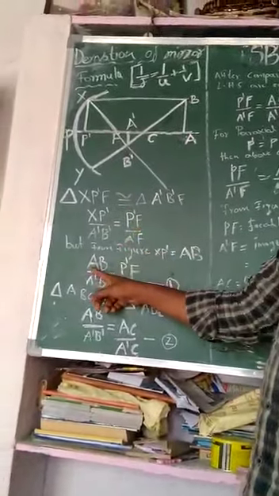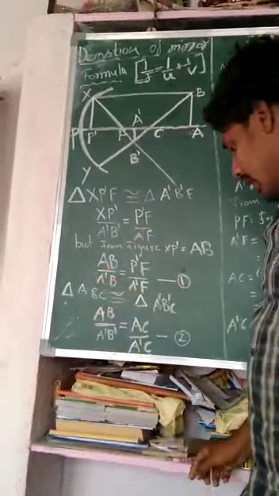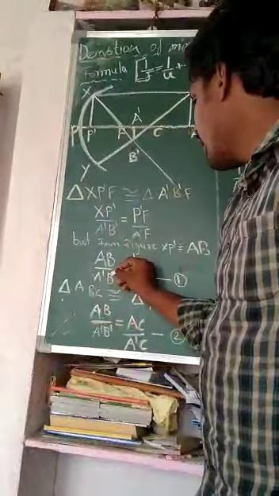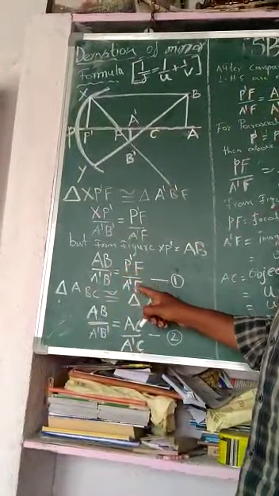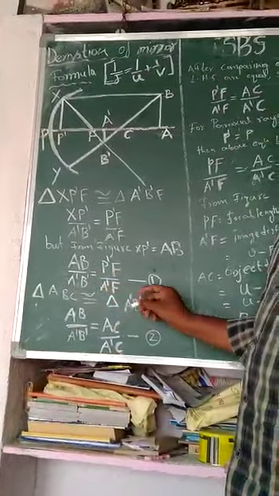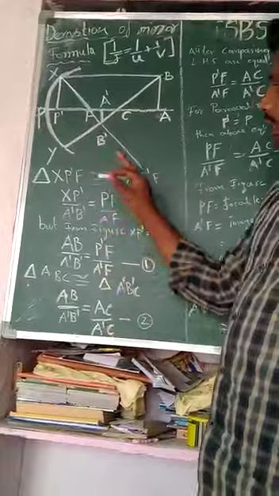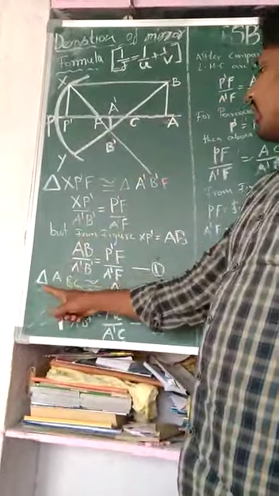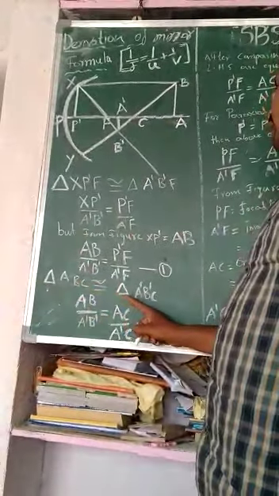So the equation becomes AB/A dash B dash = P dash F/A dash F. Equation 1.